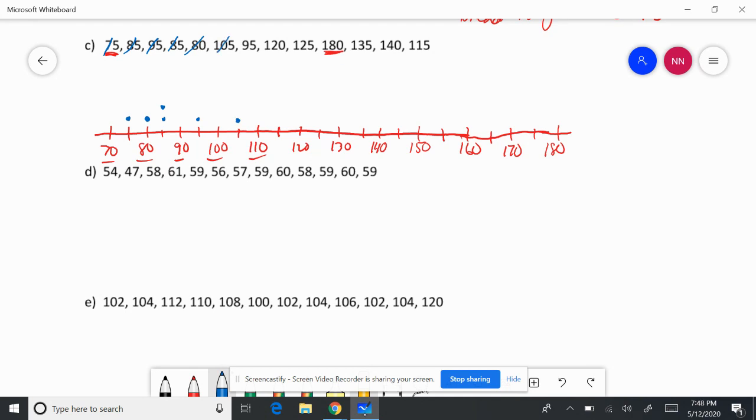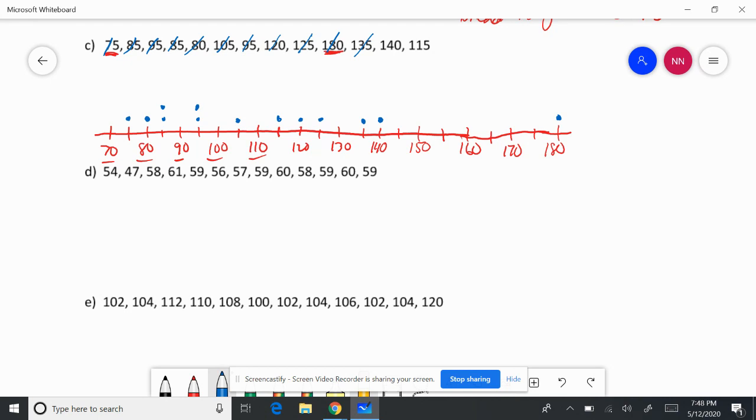I have 95. I have 120. I have 125. I have 180. I have 135. I have 140. And I have 115.